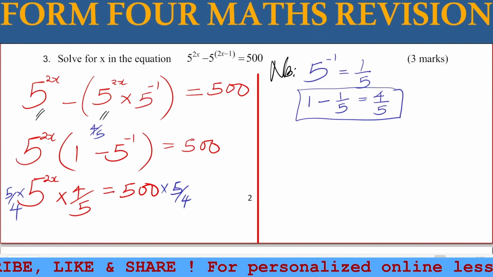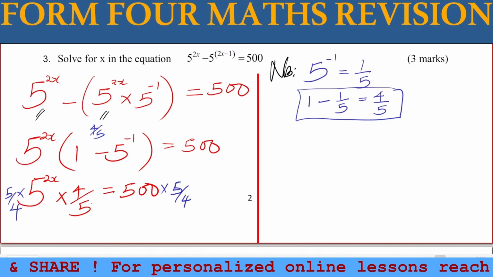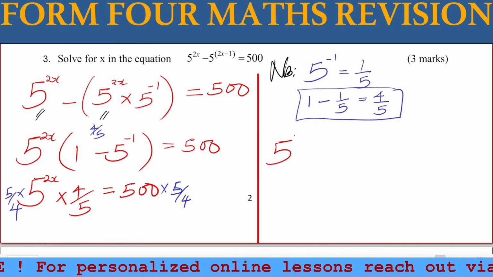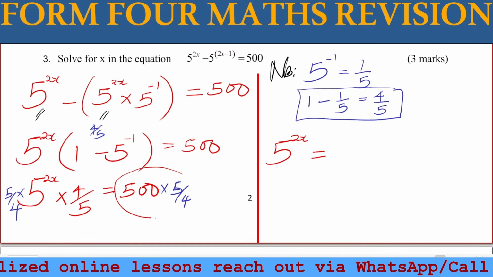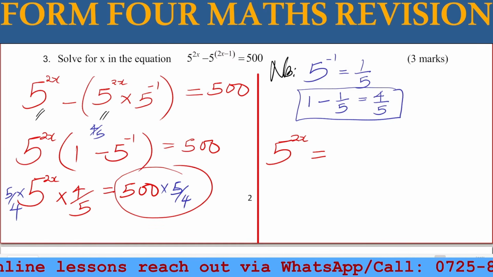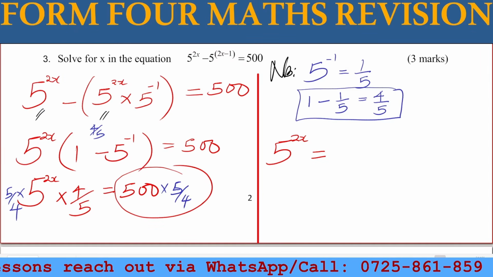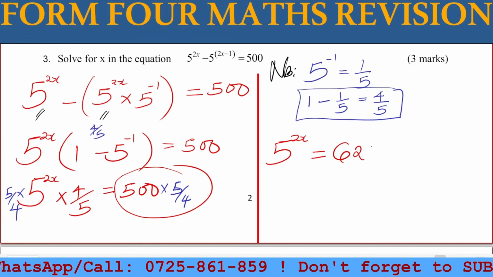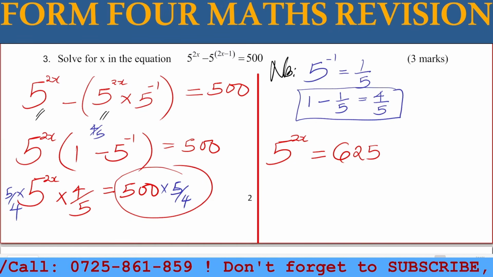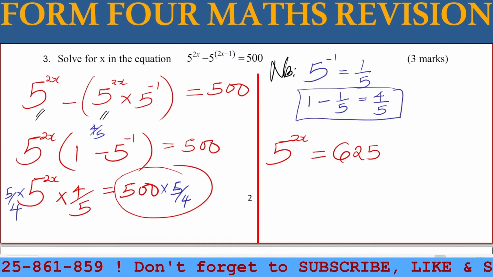When you do that, on the left hand side you will remain with 5 to power 2x is equal to, now what about this? 500 times 5 over 4 will give 625. Use a calculator, you'll confirm that.